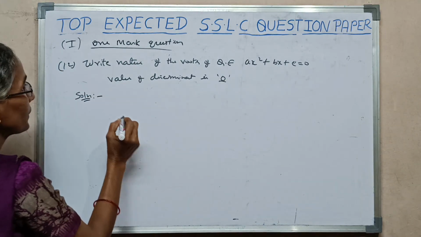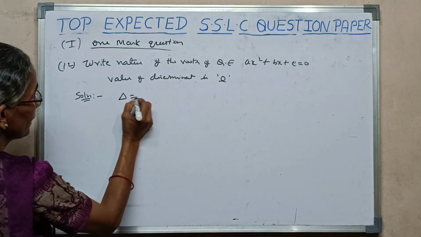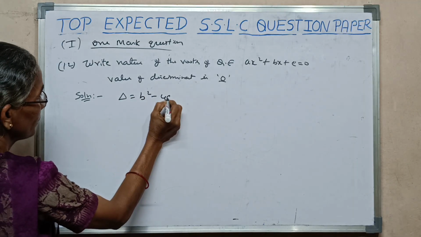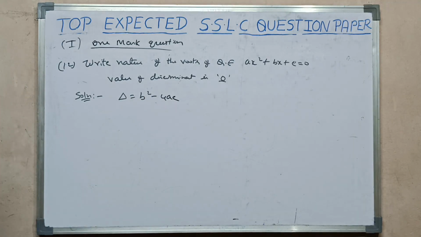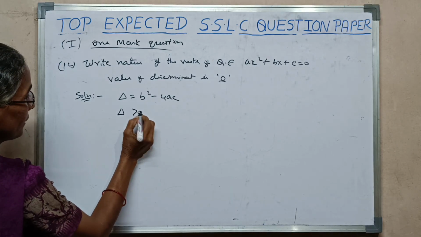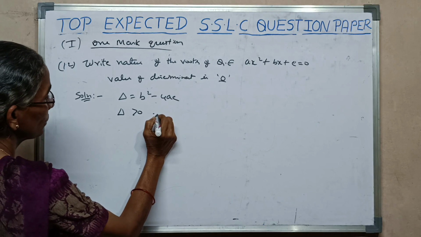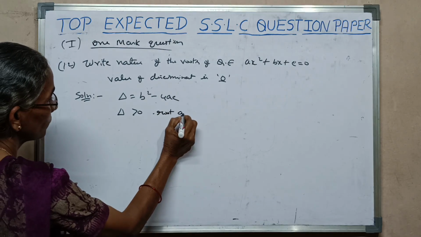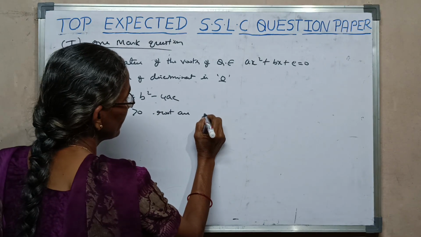Solution: the discriminant delta equals b square minus 4ac. If delta is greater than 0, roots are real and distinct.